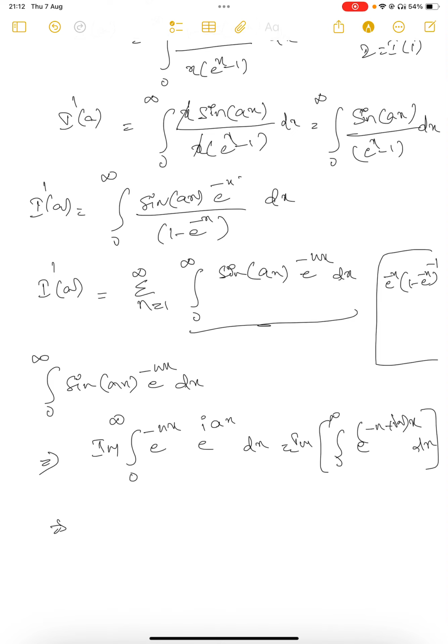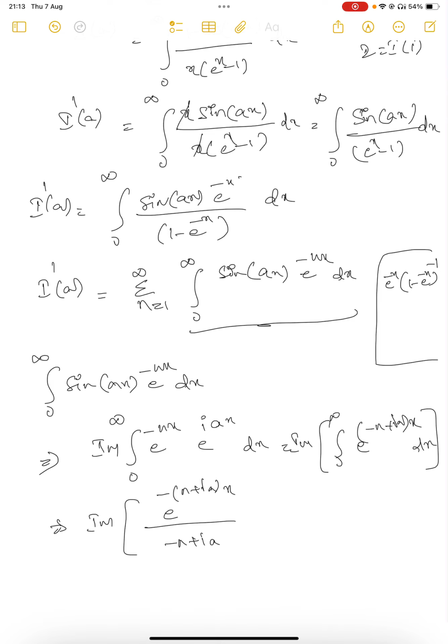Then it will be Im of e power minus (n plus ia) x by (minus n plus ia).